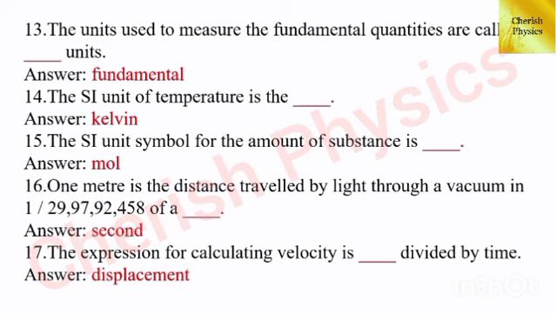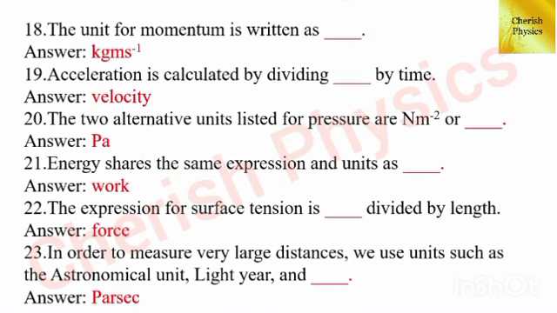The expression for calculating velocity is dash divided by time. Displacement divided by time. The unit for momentum is written as dash. Kilogram meter per second. Acceleration is calculated by dividing dash by time. Velocity by time.